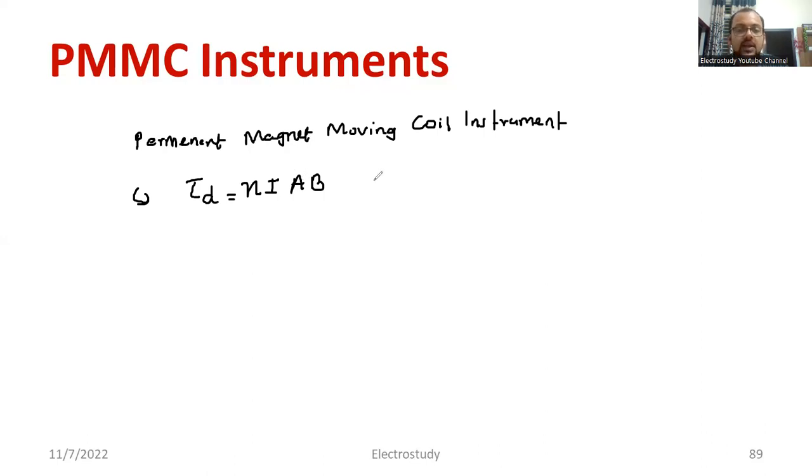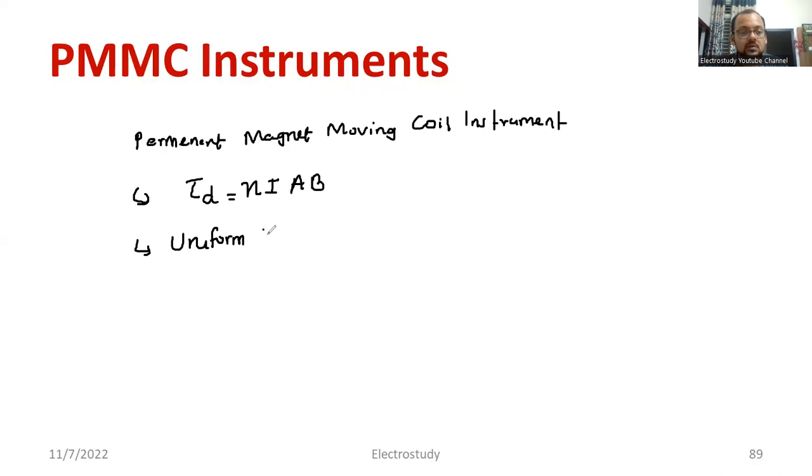A is the area. B is the flux density, not flux. Flux density is nothing but total flux per unit area, that is Weber per meter square, or you can call it Tesla. Clear?